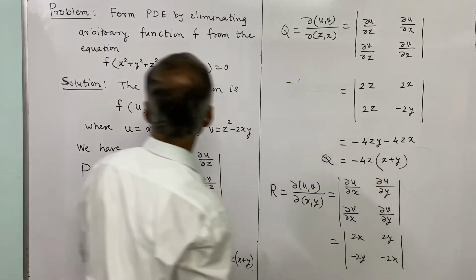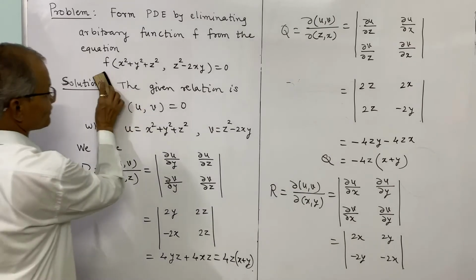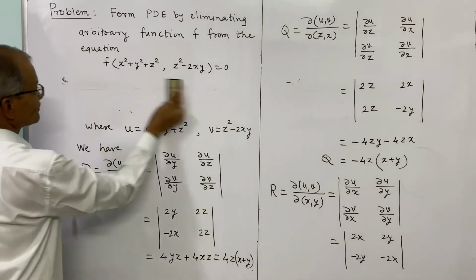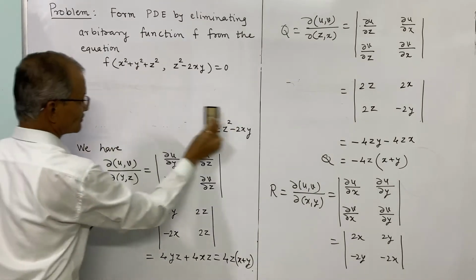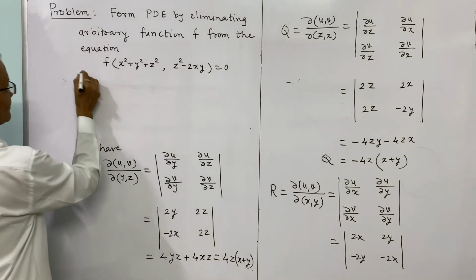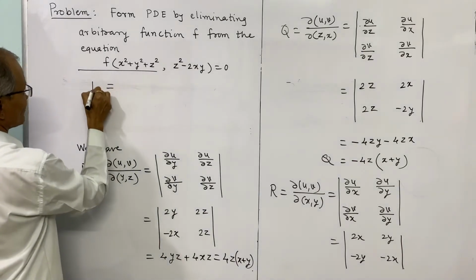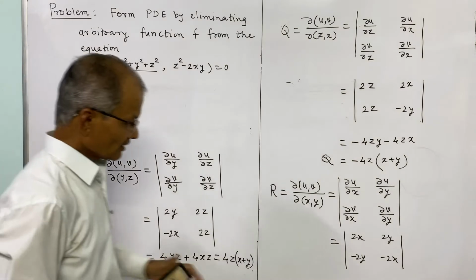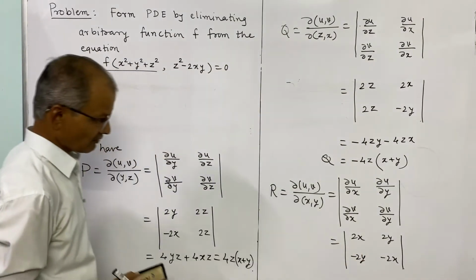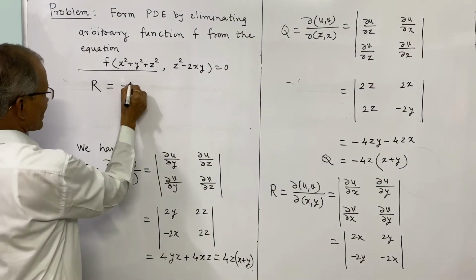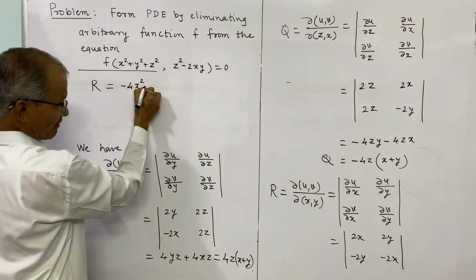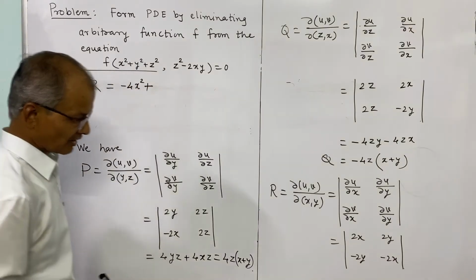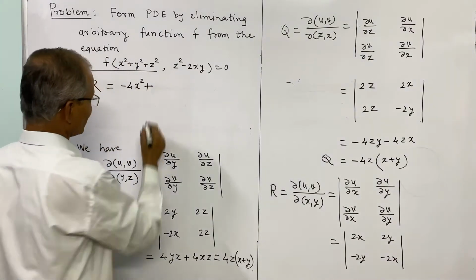And the expansion of this determinant will be equal to, that is R. See, minus 4x square, minus of minus becomes plus 4y square.